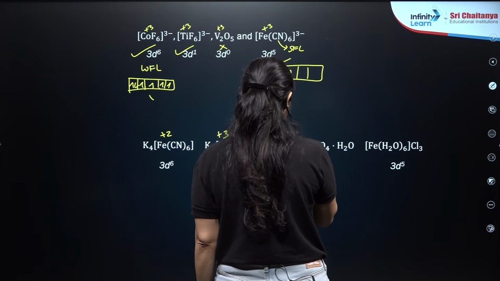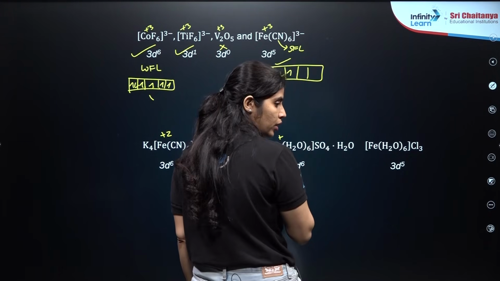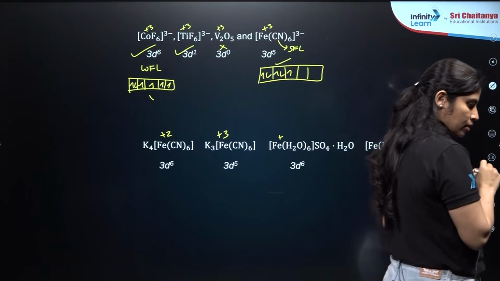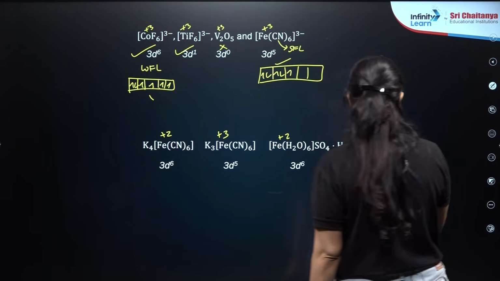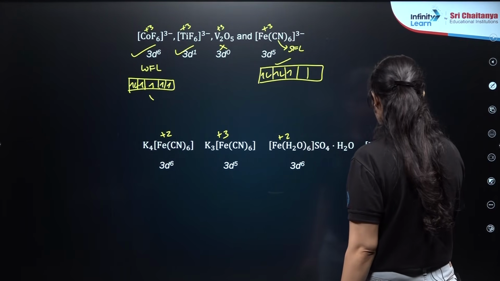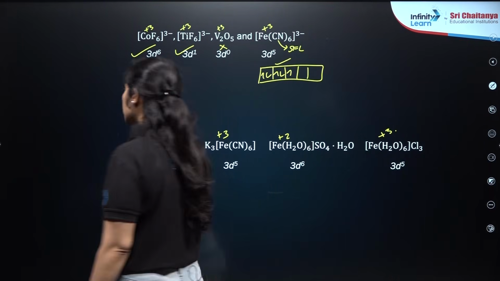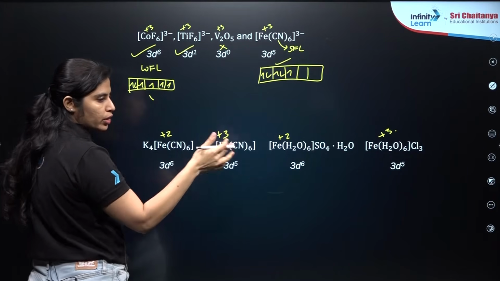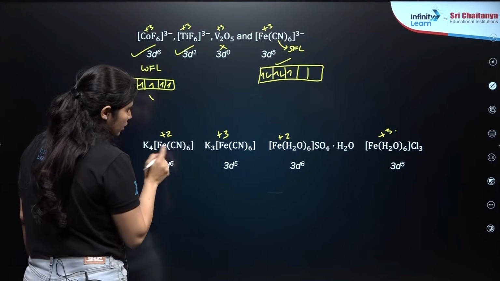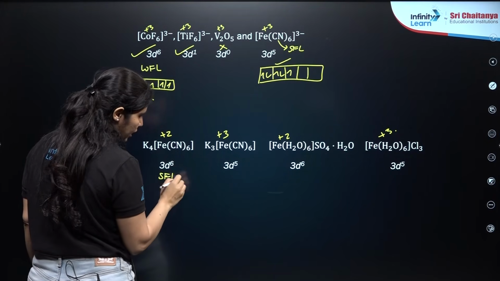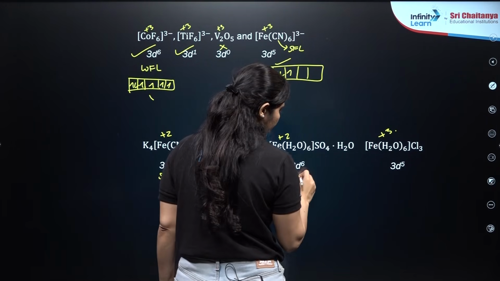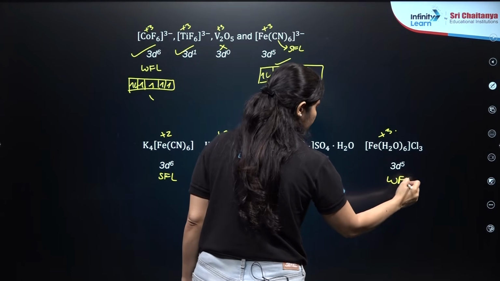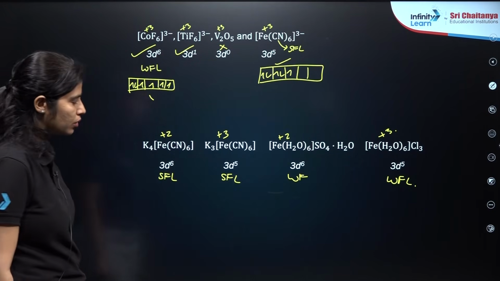Here it is going to have +3 oxidation state. +2, and here also it is going to have +3, right? The only difference is with respect to strong field and weak field ligands. So this is going to be a strong field ligand, this is going to be a strong field ligand, this will be a weak field ligand, and this also will be a weak field ligand with respect to the water that is present, okay?